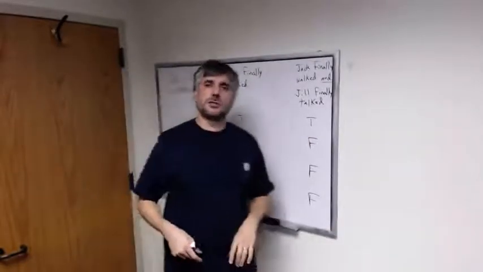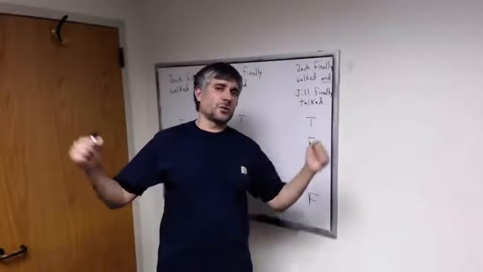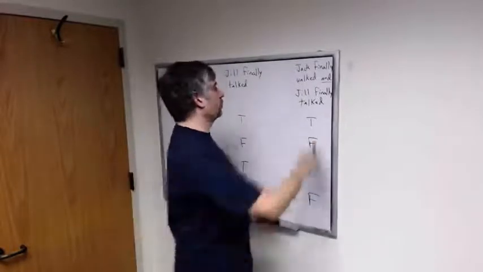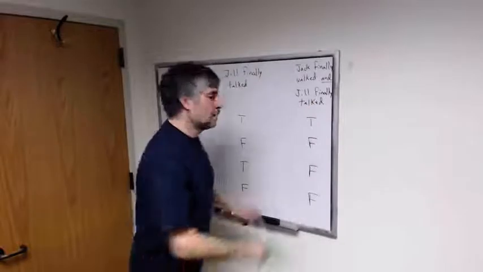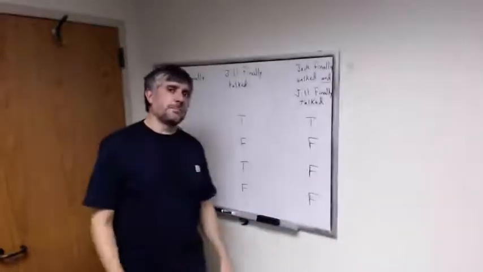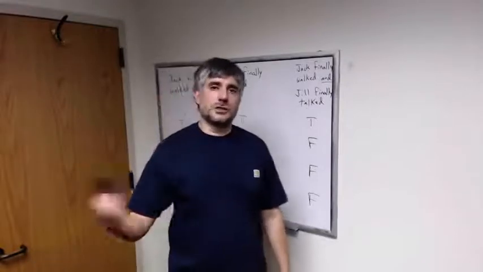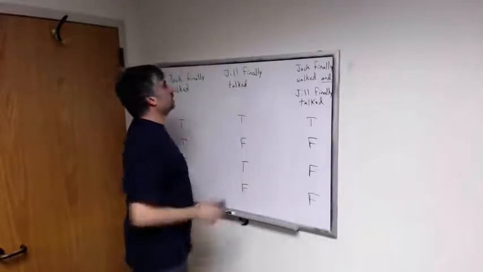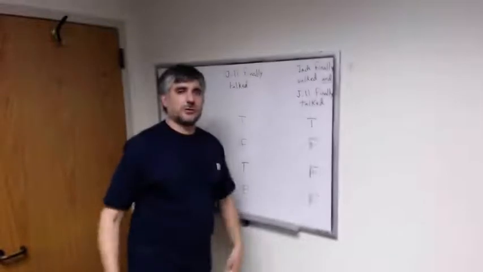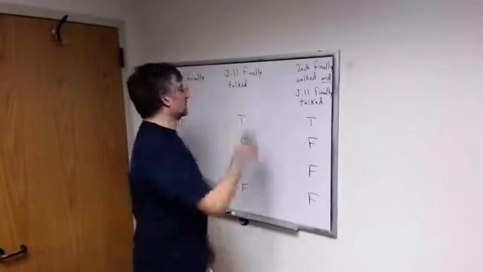So even if we change one of the ingredient propositions, as long as we're combining propositions using the truth functional connective and, the overall truth table looks the same. We could change them some more to illustrate this point. Suppose we changed Jill finally talked to the zebra escaped.